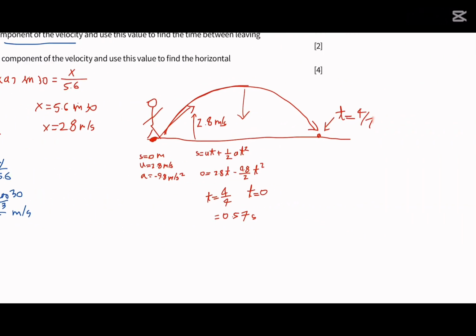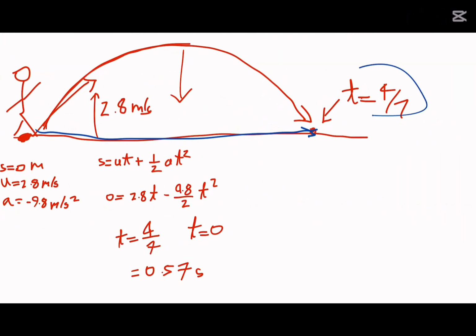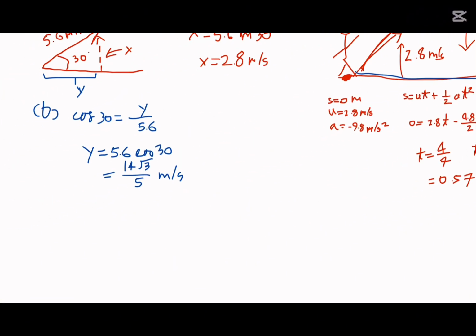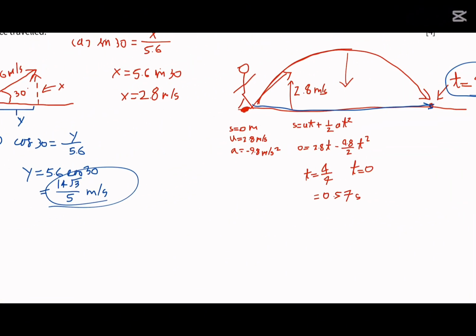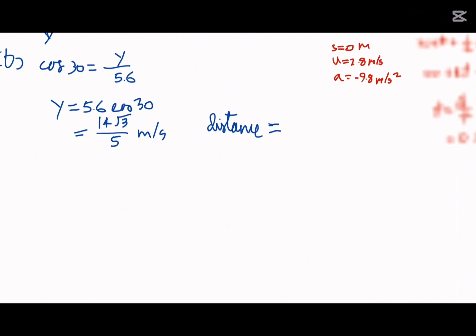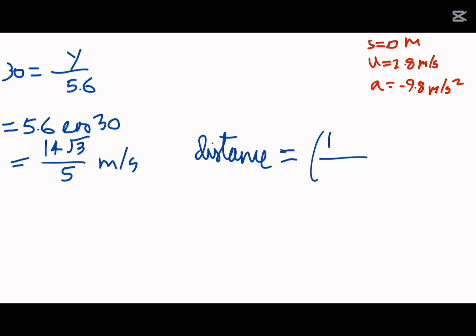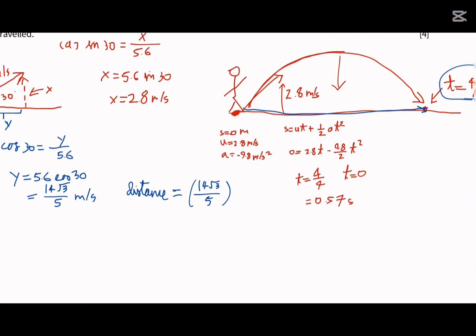So we're finding the distance here. We know the time and we know the velocity, so we just use the normal formula: distance equals speed multiplied by time. The speed is 14 root 3 over 5, multiplied by the time, which is 4 over 7.